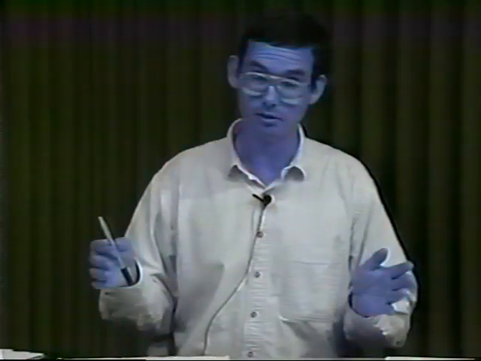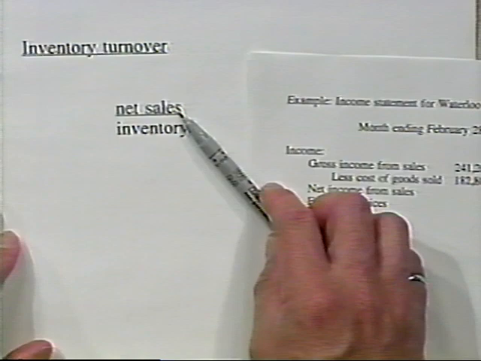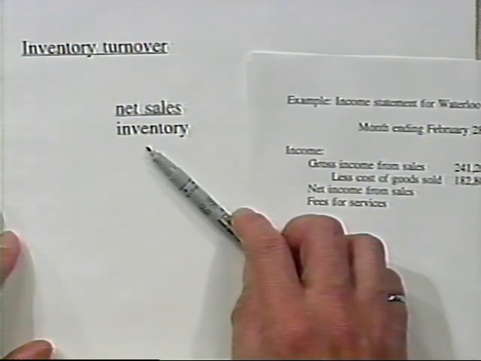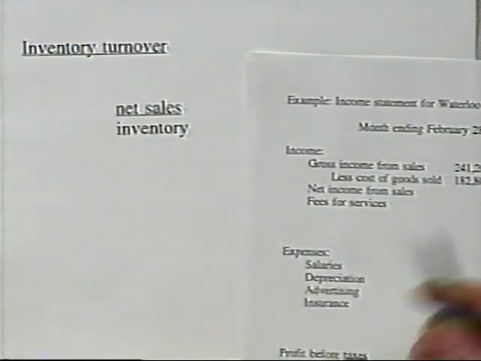Now, there's no excuse for this confusion other than the fact that these ratios are defined in a particular way. And whenever one uses a ratio, one has to look very carefully at what's meant by the terms net sales and inventory. And when you see these ratios used, they're defined fairly precisely.